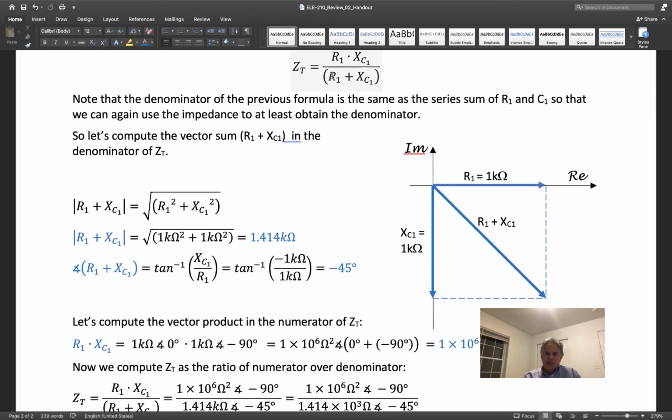We need the sum of R1 and X of C1, capacitive reactance of C1. So we note the denominator of this formula here is the same as the sum of R1 and X C1.